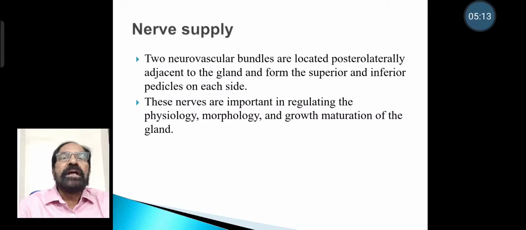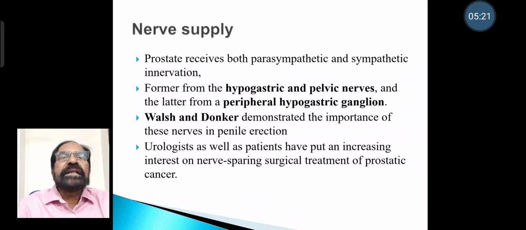These nerves are important in regulating physiology, morphology, and growth maturation of the gland. Prostate receives both sympathetic and parasympathetic innervation.